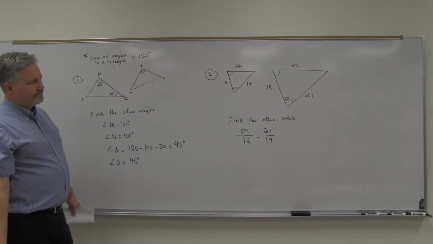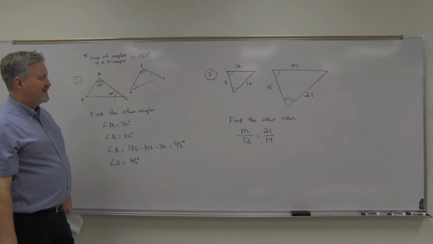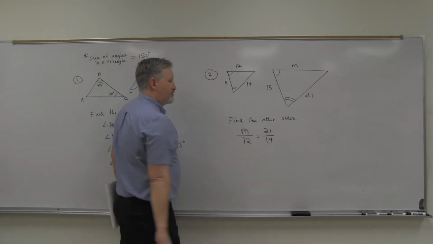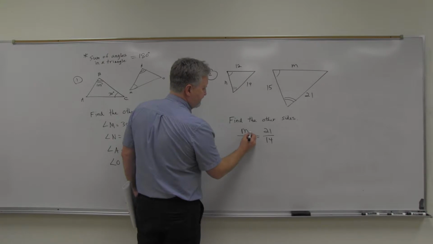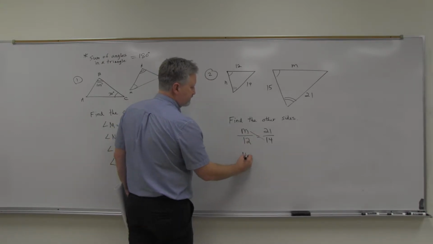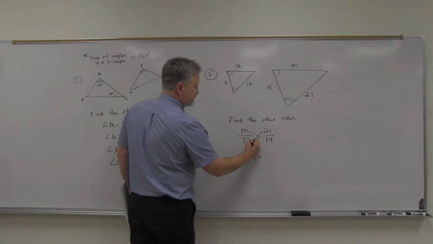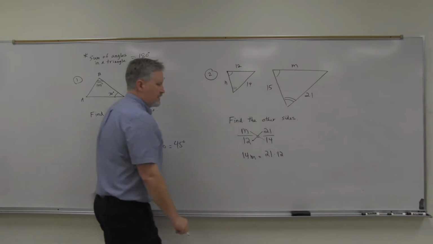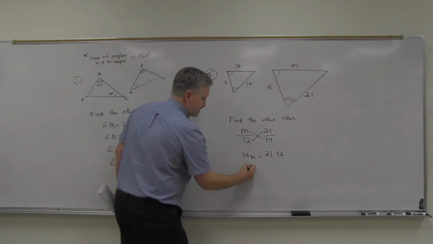Line them up like that. Different ways we could do it. Of course, one way, you've got a proportion, the cross products have to equal, so M times 14, 14M must equal 21 times 12. So again, just solve that little equation.